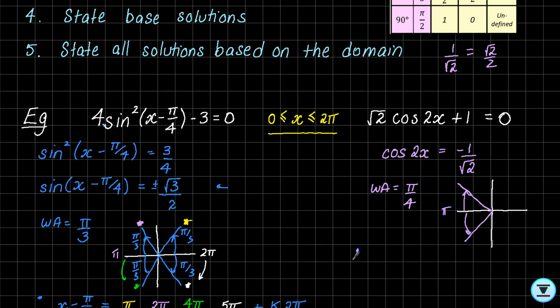So therefore, this time not x, but 2x will equal pi minus pi on 4, which gives me 3/4 pi, and then we've got a whole pi plus pi on 4, so 5 pi on 4, and we say plus k lots of 2 pi.